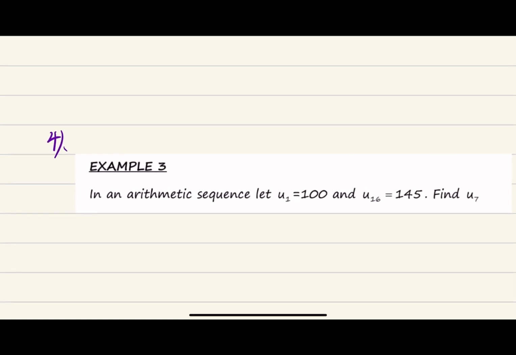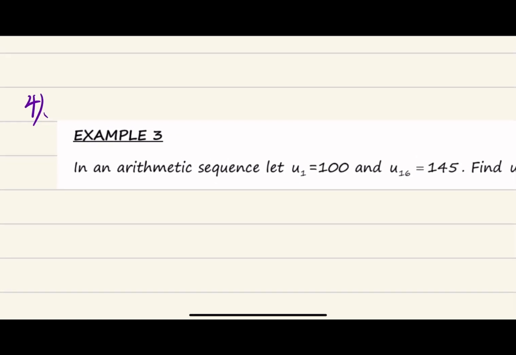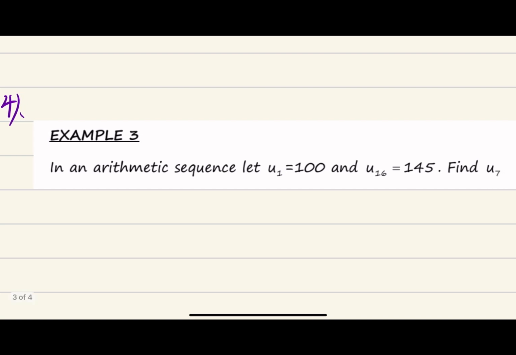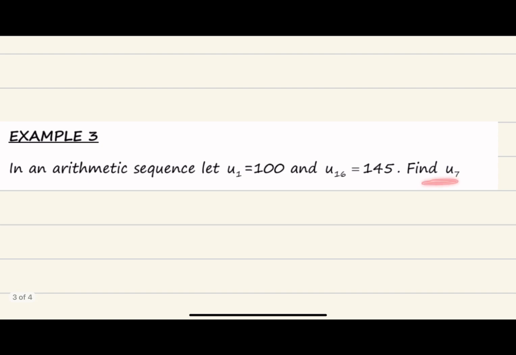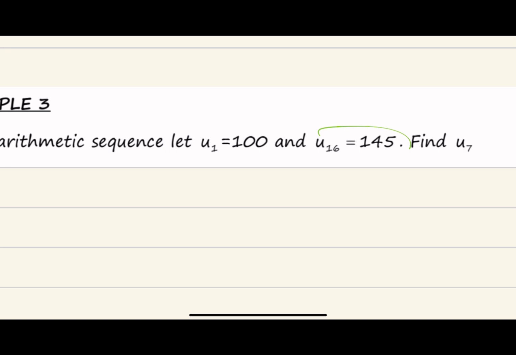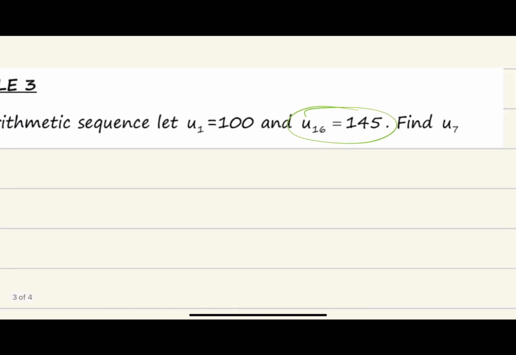Okay, so then the fourth question in the arithmetic sequence, u1 is 100, u16 is that. We're trying to find u7. So as what I said earlier, if you see this kind of thing, just think of it first. So you might express it in another form. So u7, what is u7?